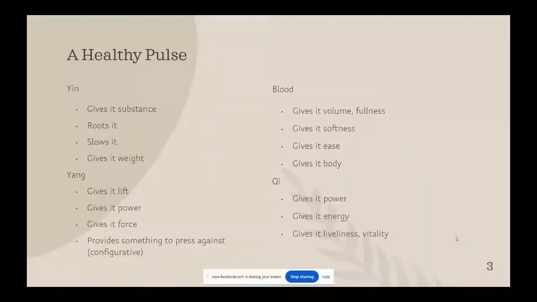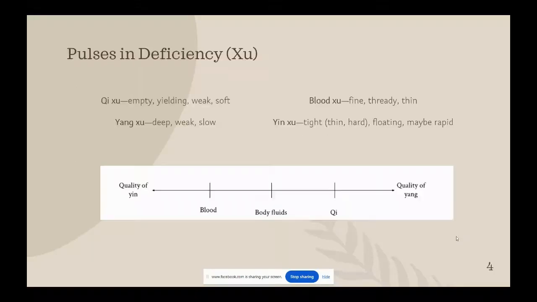We'll move on. So we talked a little bit in the first part about what constitutes a healthy pulse. We're going to dig into that a little bit more. So first of all, yin and yang, a very important basic concept in Chinese medicine. We can picture it on a scale, so I'll skip ahead to this next slide.